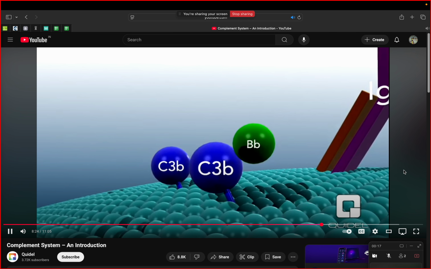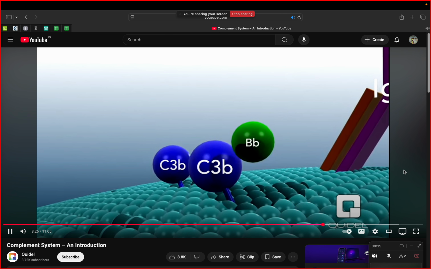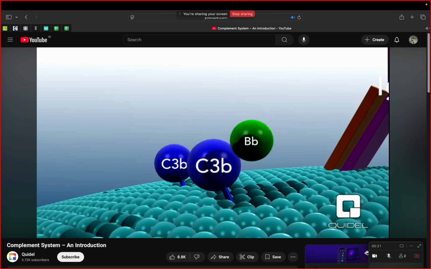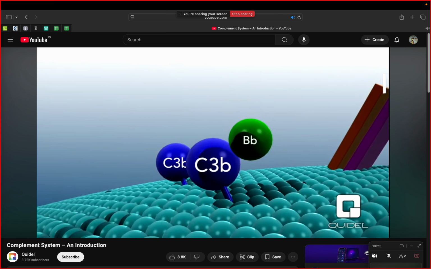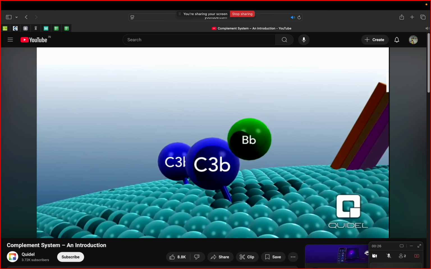The surface of an activator, such as a bacterial cell, can rapidly be covered with many thousands of C3b molecules in a few minutes as a result of this amplifying effect.